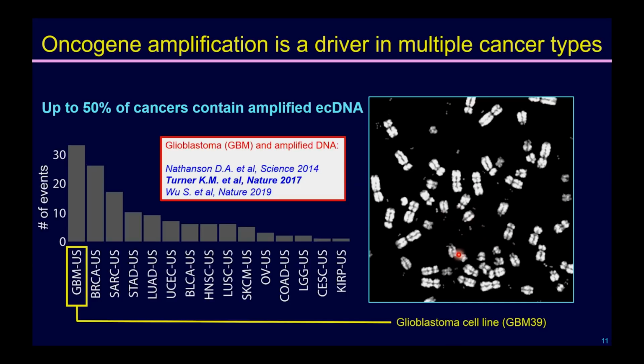These are the double minutes, or ecDNAs, and you find them very broadly in glioblastoma, but also in multiple cancer types.